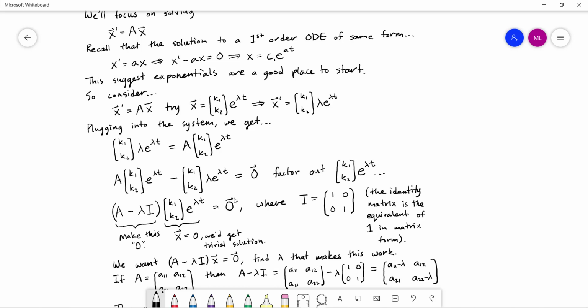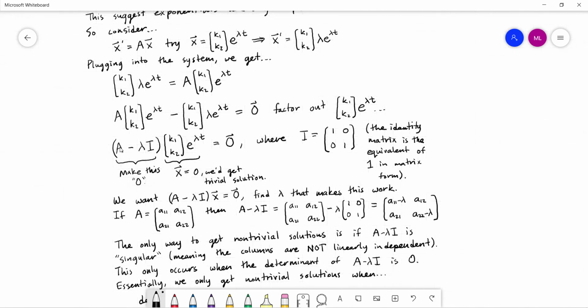Plugging that form in led to this result right here. A minus lambda I times our x was supposed to be equal to the 0 vector. If we can find solutions that make this work, then we basically have found the x that will satisfy our original equation. So we basically transformed the original equation into what we've got written right here.